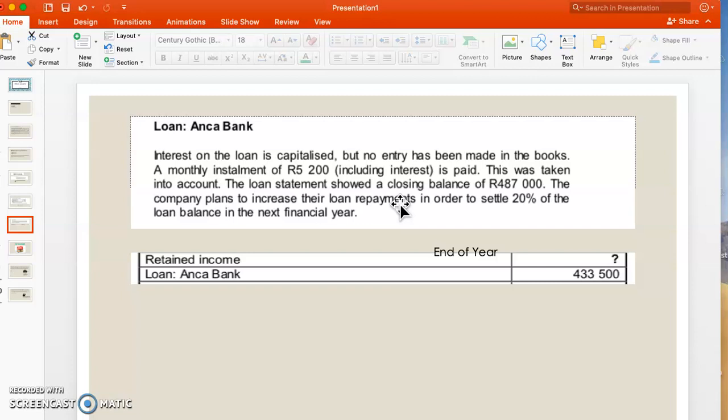The loan statement showed a closing balance of 487,000 Rand. The company plans to increase their loan repayments in order to settle 20% of the loan balance in the next financial year. In the trial balance, at the end of the year, they did give us the amount for the loan, which was 433,500.